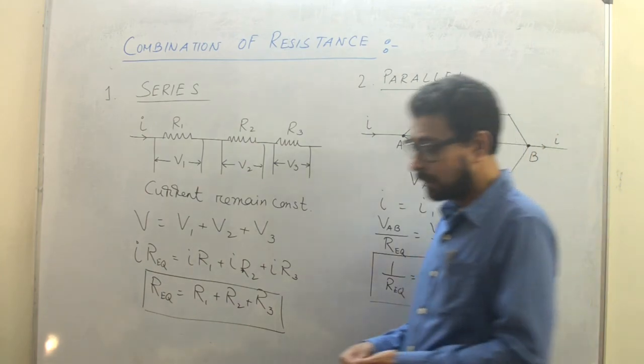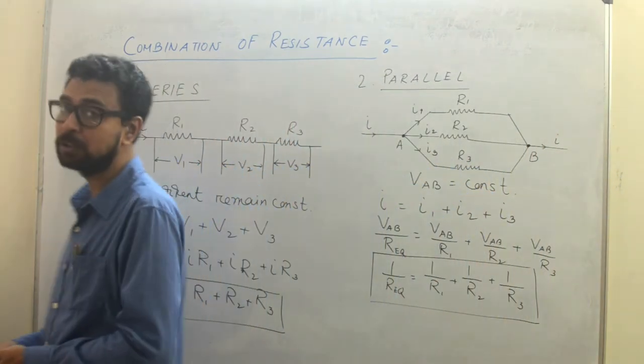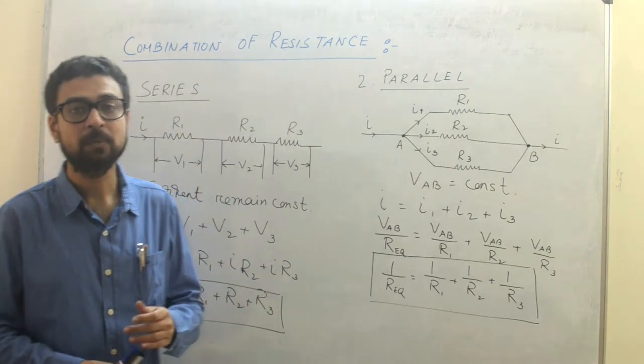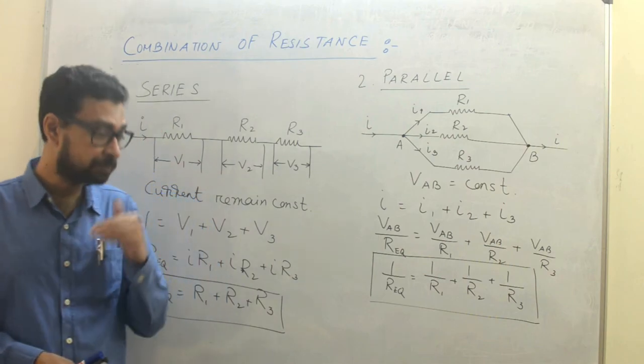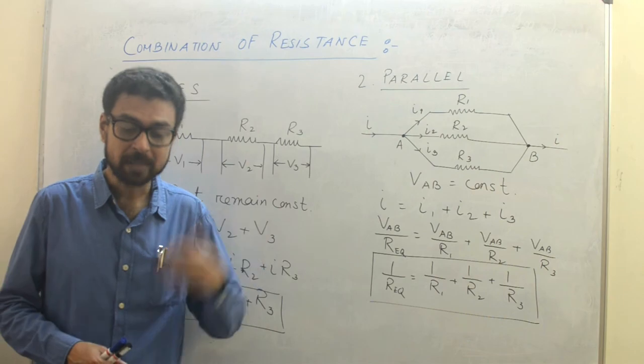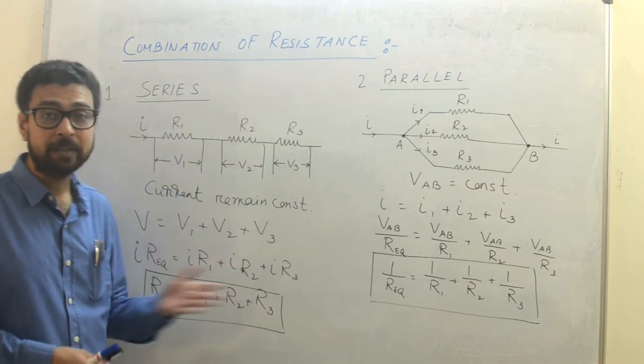So you can understand, in household circuits we prefer to use parallel because all the appliances are manufactured at a particular standard potential that we use in domestic circuits, which is 220 volt.